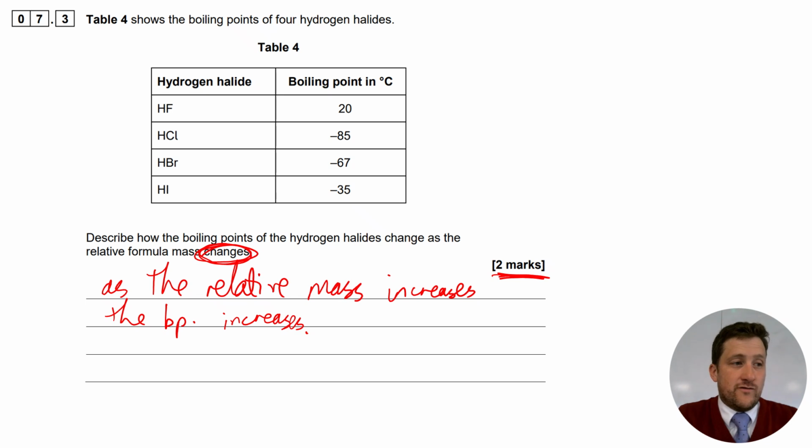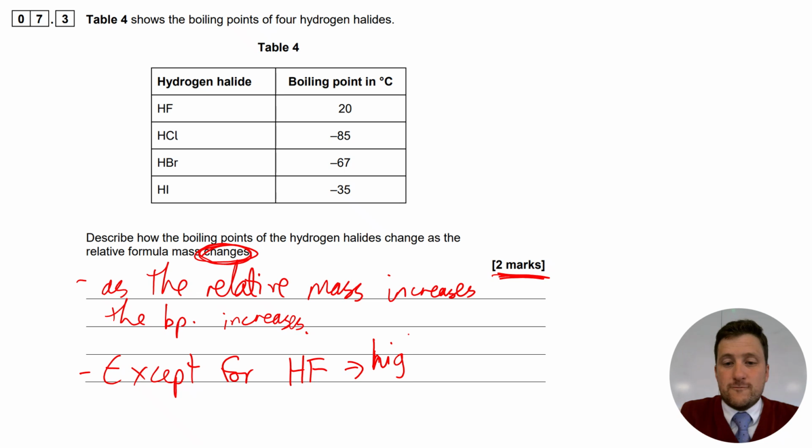Okay? Now, you can talk about lots of different things, except what I've just said there doesn't actually apply to all of these. For hydrogen chloride, hydrogen bromide, hydrogen iodide, perfect sense. They actually do increase. Hydrogen fluoride is different. It's got a higher boiling point than everything else. So you can say, except for hydrogen fluoride, that has the highest boiling point and is the smallest.